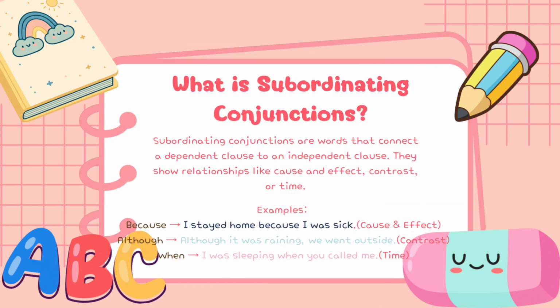Next, what are subordinating conjunctions? Subordinating conjunctions are words that connect a dependent clause to an independent clause. They show relationships like cause and effect, contrast, or time. The example is, I stayed home because I was sick.